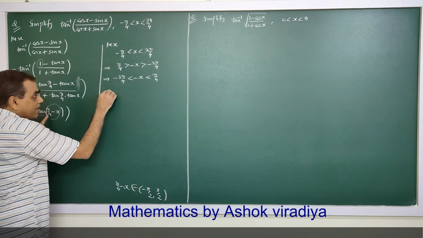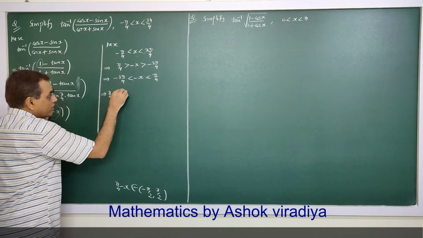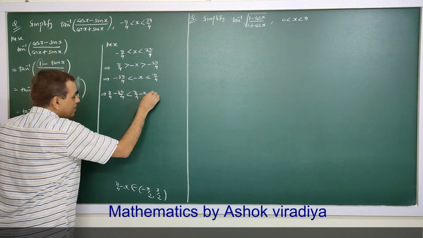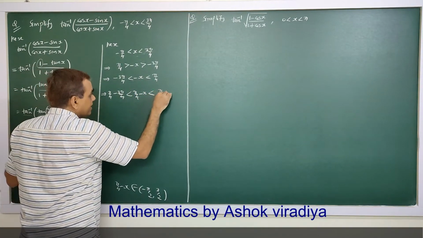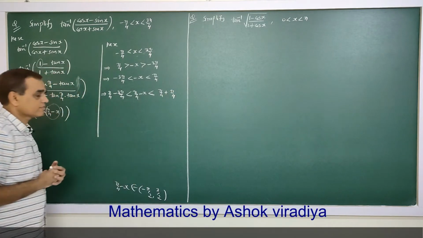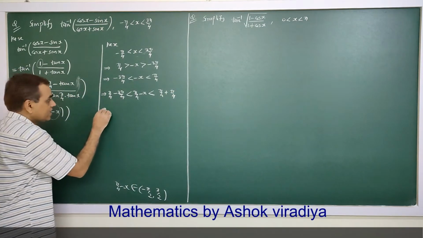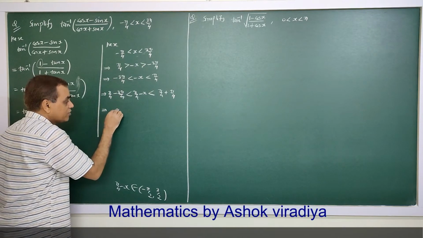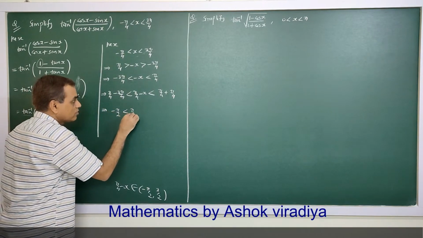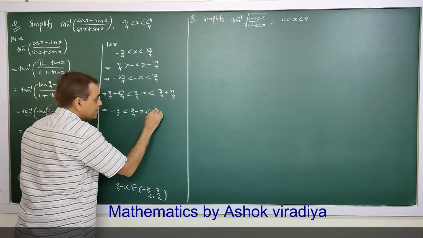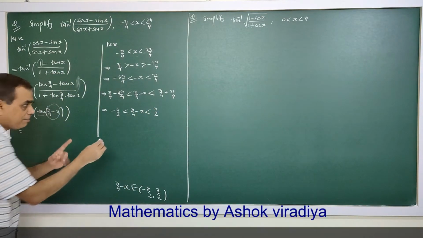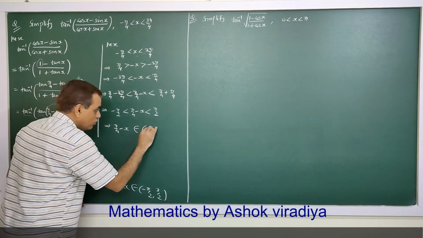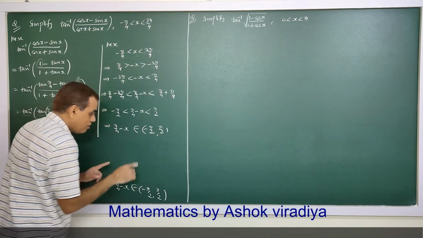So adding pi by 4 on the left side, in the middle, and on the right side, this is minus 2 pi by 4, which is minus pi by 2, and this is pi by 2. So pi by 4 minus x belongs to minus pi by 2 to pi by 2.